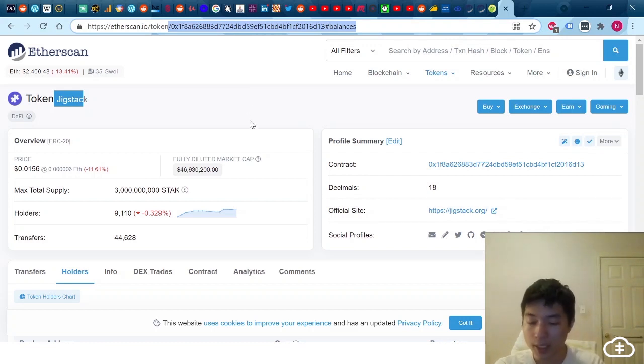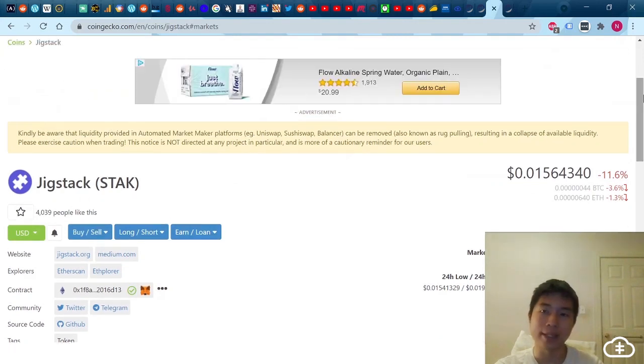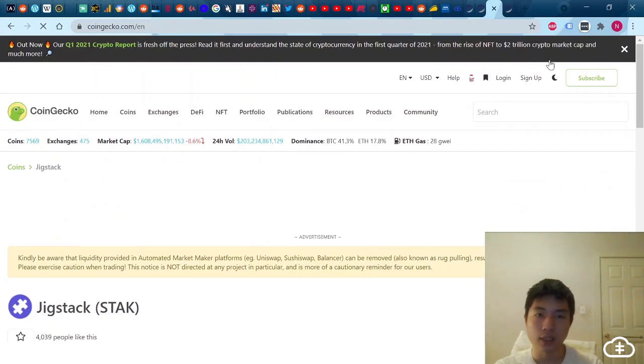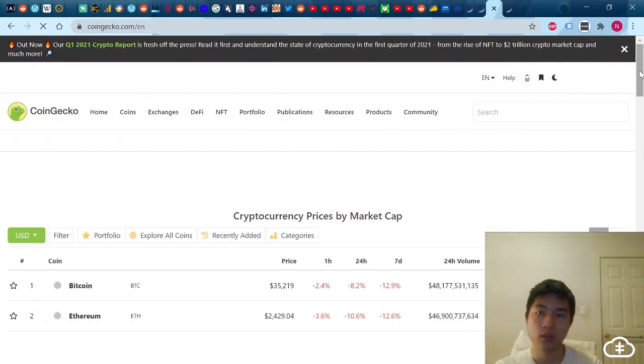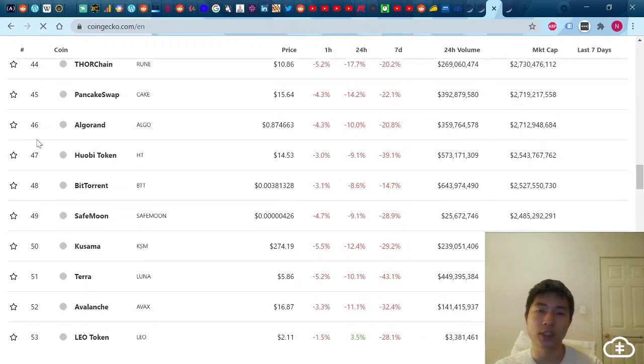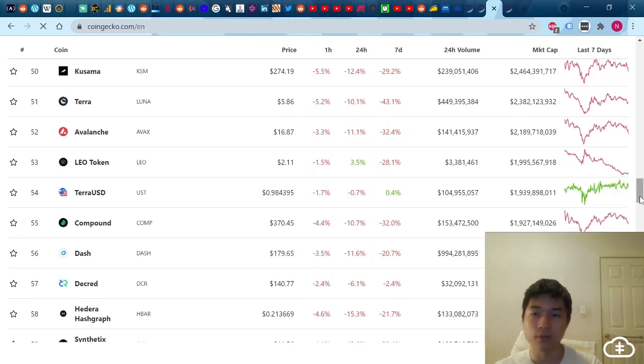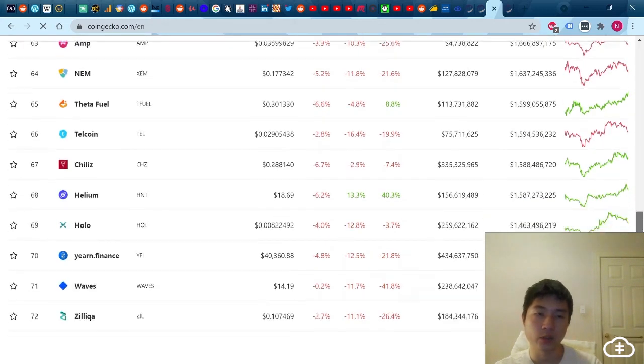If you are buying and selling a token on a decentralized exchange, or if someone is sending you a token, always make sure, guys, that if it's a coin that's listed on CoinGecko, you check it out. For example, I'm not going to use Jigstack, let's use another example. Let's find an Ethereum token right here.